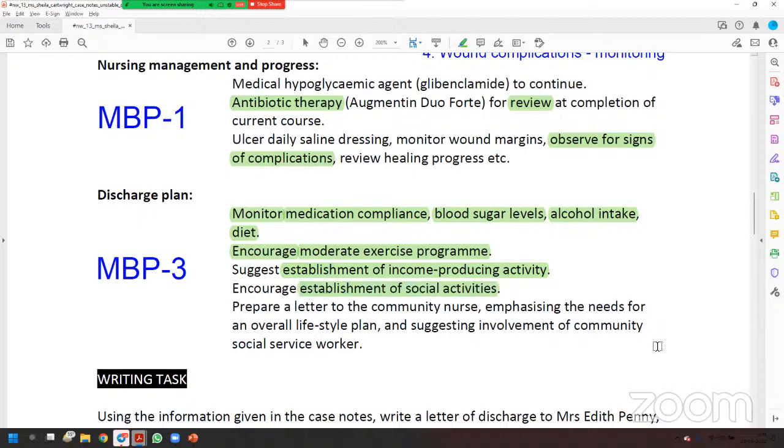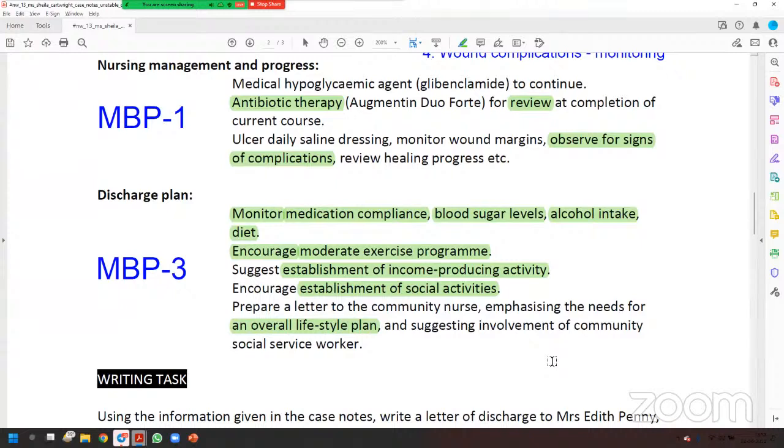She's not participating in any social activities. She is lonely, and afterwards she will face some problems, maybe because nobody is there to talk to her. So social activities like quiz and club activities or something. Charity activities, something like that. That should be done. And now prepare a letter to the community and the need for an overall lifestyle plan. So this overall lifestyle plan also is needed.